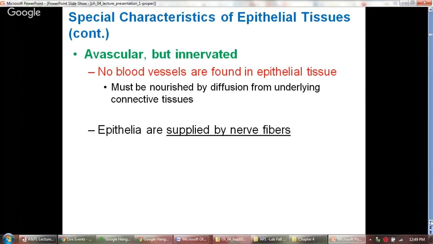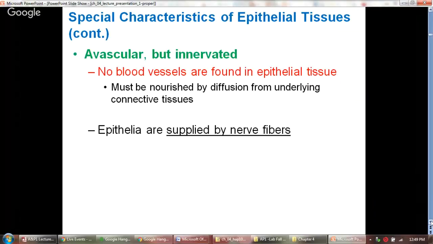The other important clinical feature would be that epithelium is avascular. So there are no blood vessels found in the epithelial tissue, but some sort of nourishing needs to happen. That happens through diffusion. Remember, the definition of diffusion is passing molecules from higher concentration to lower concentration. So it happens from the underlying connective tissue.